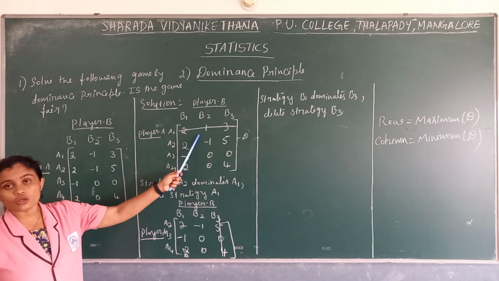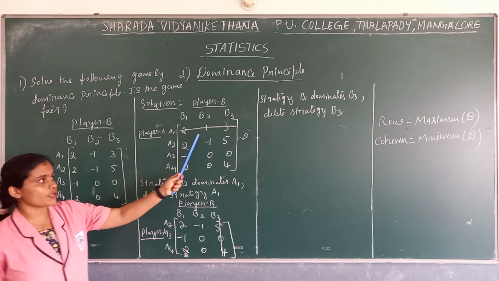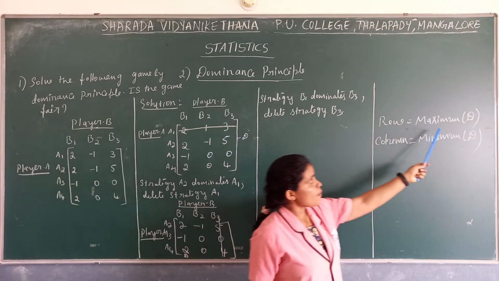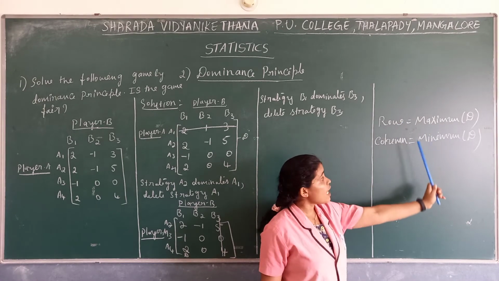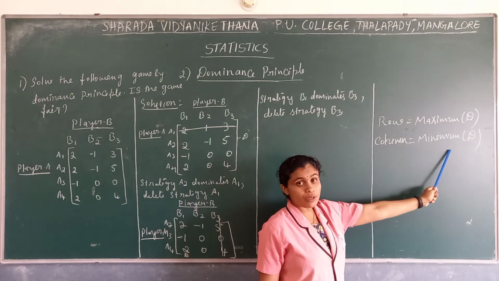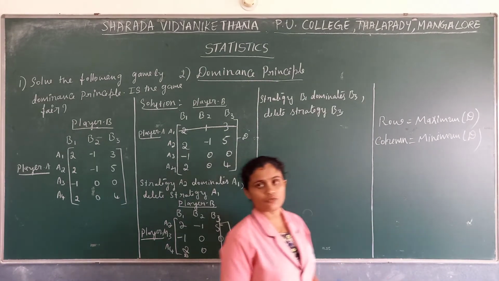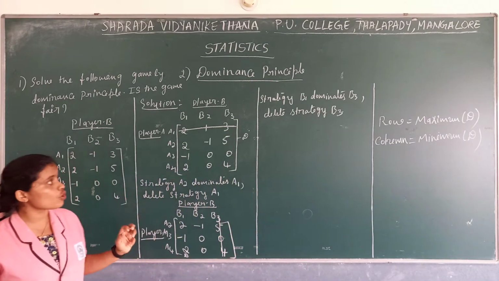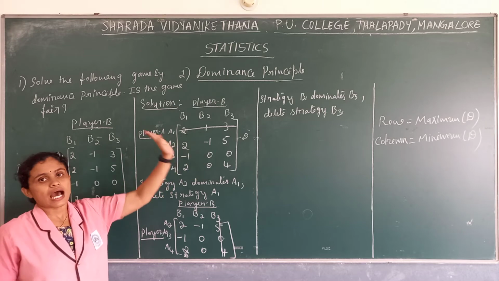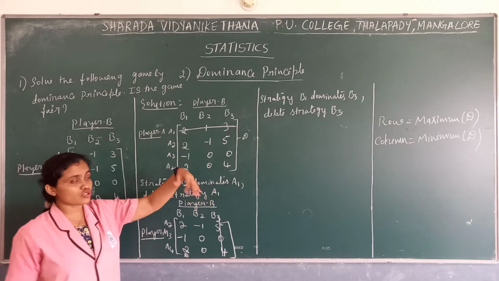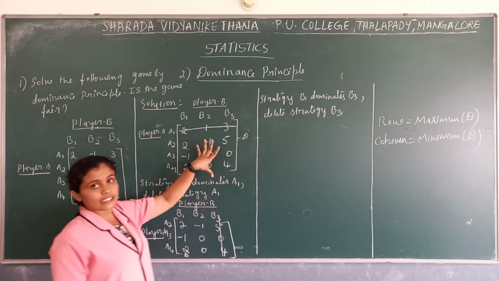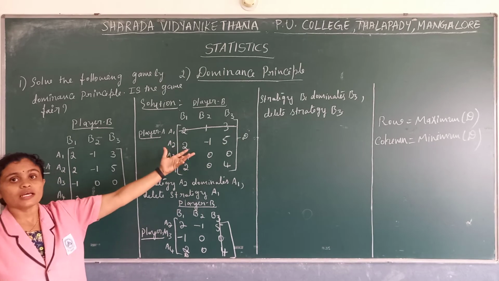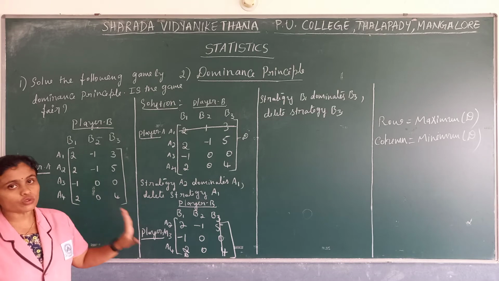See, here we consider the maximum row as the dominating one, and here we consider the minimum column as the dominating one. Whichever column or row dominates, it has to remain. The other one, which is not dominating, we have to delete. The dominating one should remain in that particular matrix. The other one, which is dominated, we have to delete.